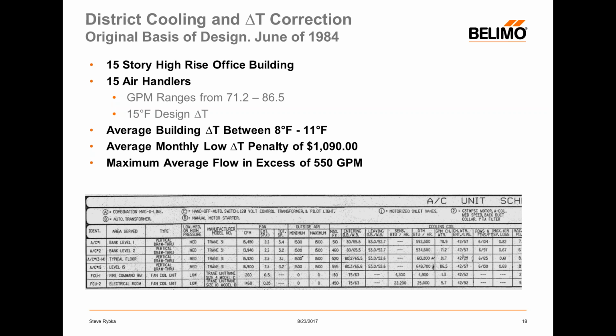Based on the information from the building meter, we were seeing an average delta T somewhere between 8 degrees and 11 degrees Fahrenheit. The facility was paying an average monthly low delta T penalty of a little over $1,000, and our maximum average flow through this facility was in excess of 550 gallons per minute.